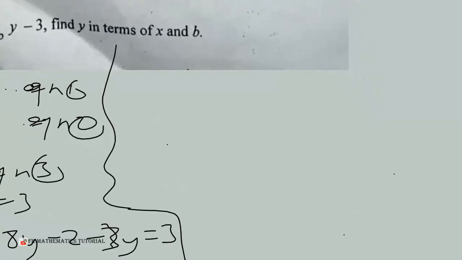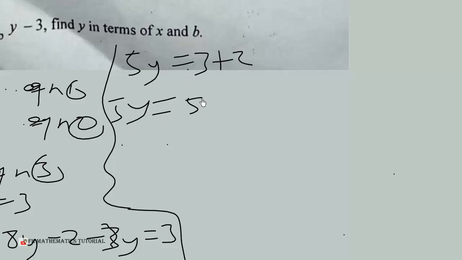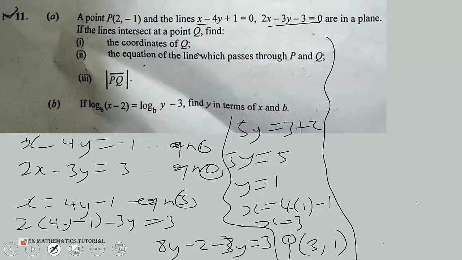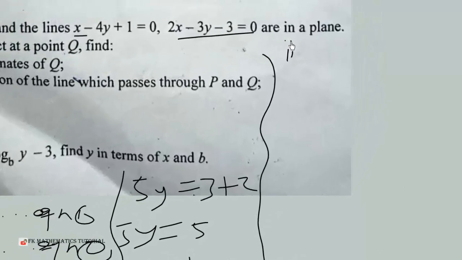So now 8y minus 3y is 5y is equal to 3 plus 2. So 5y will be equal to 5. y will be equal to 5 over 5, which is 1. So x will be equal to 4 times 1 minus 1, which is 3. So the coordinates of Q are (3, 1).